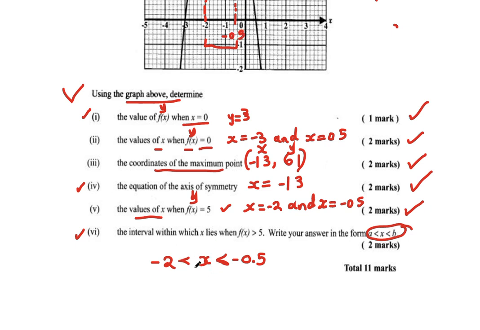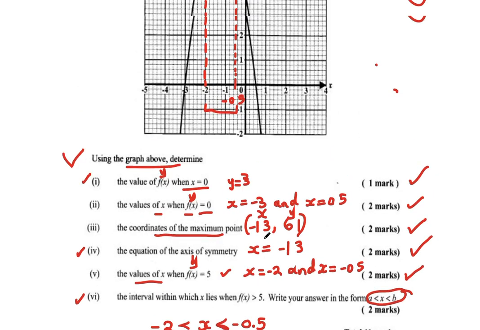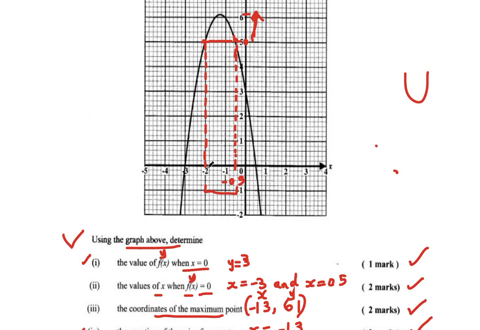So x is greater than -2 but less than -0.5, which is the set of x values that corresponds to the area where y is greater than 5.